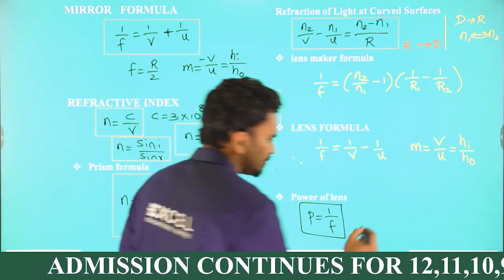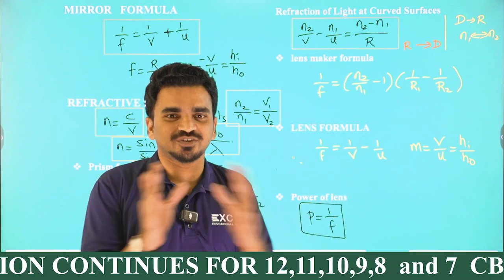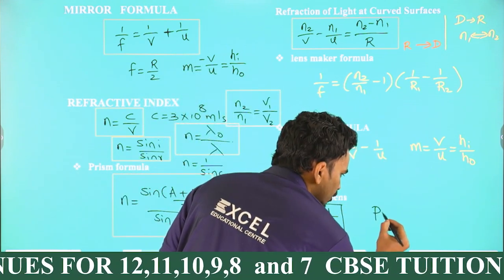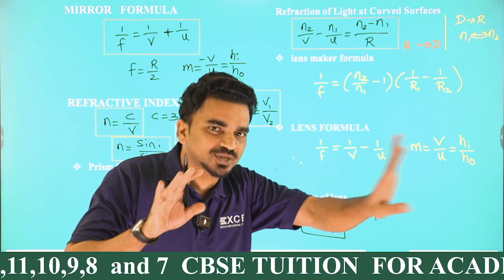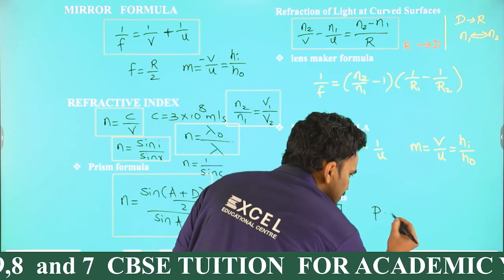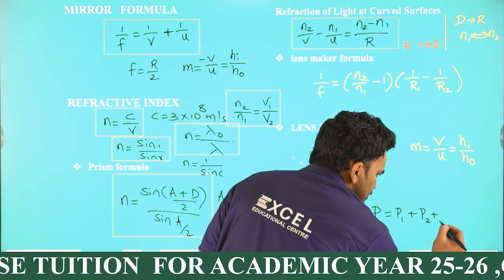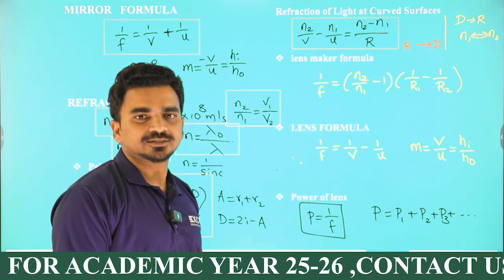Another thing: suppose you join many lenses together. What will be the power of the combination? What will be the expression for total power? Very simple: P equals P1 plus P2 plus P3, the sum of the individual powers of all the lenses.